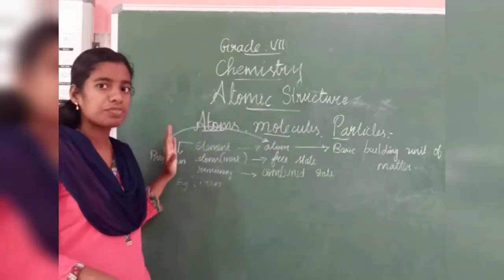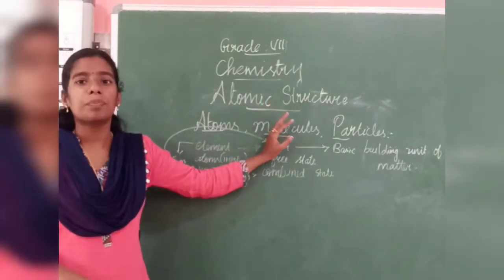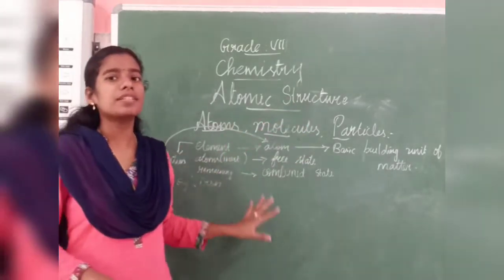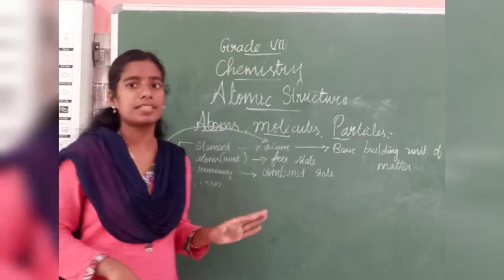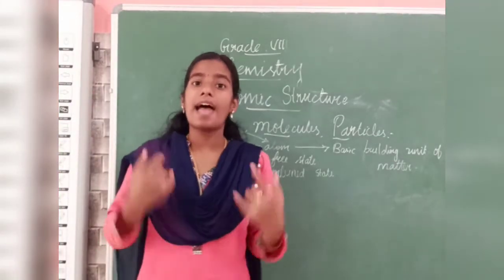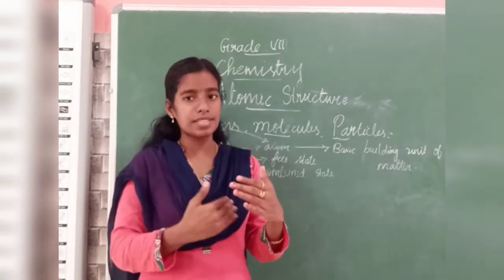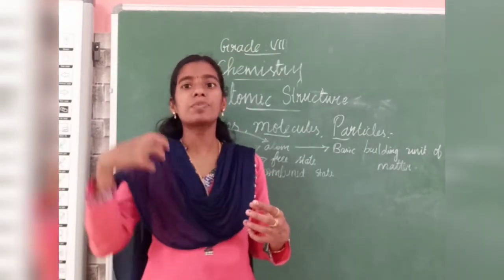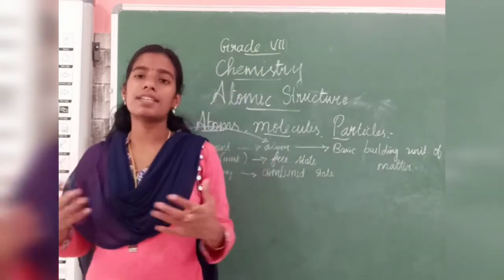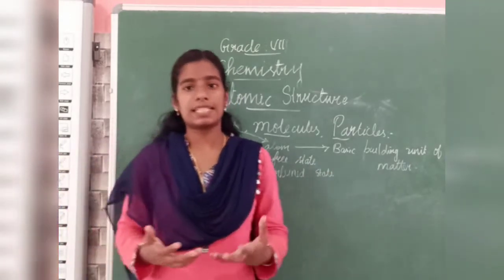So the properties of this element depend upon the properties of atoms. Iron is an example for element. Iron is purely made up of iron atoms before it reacts with the atmospheric oxygen and water. When it reacts with oxygen and water, it starts rusting. Clear?